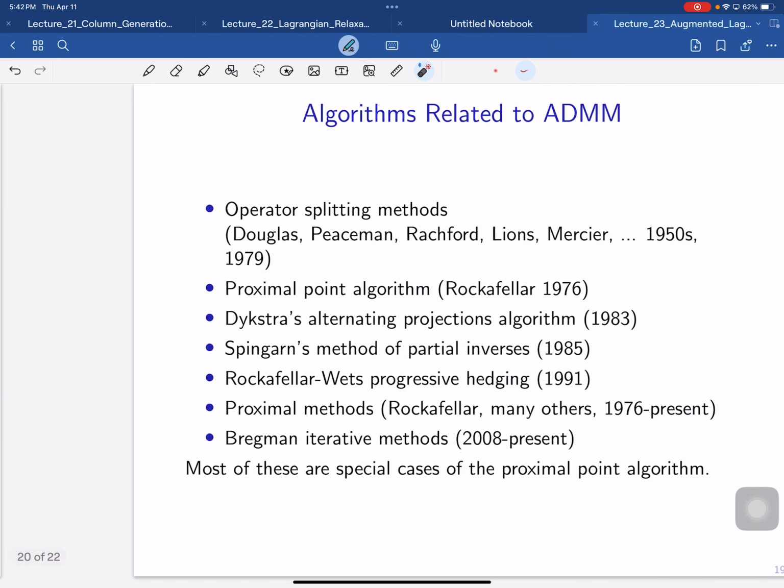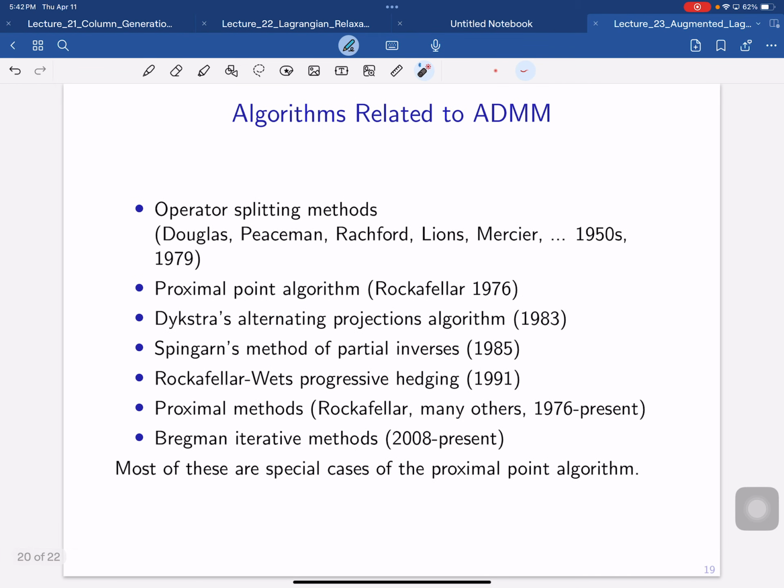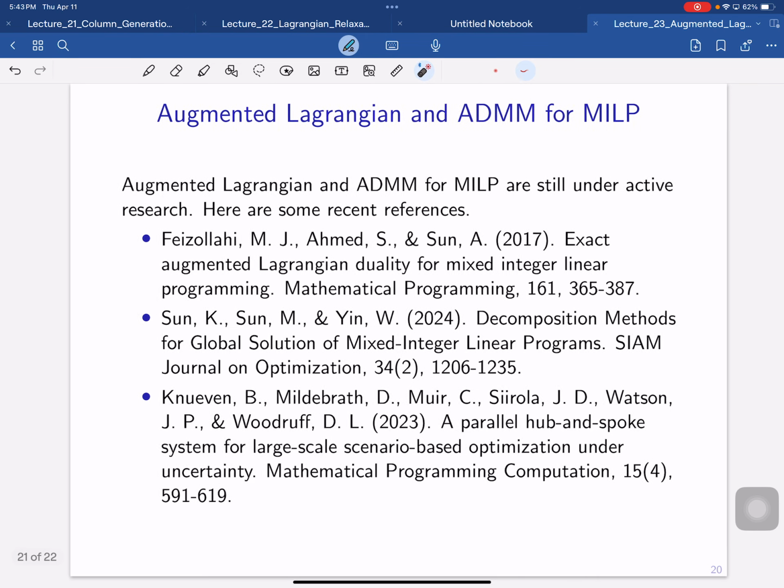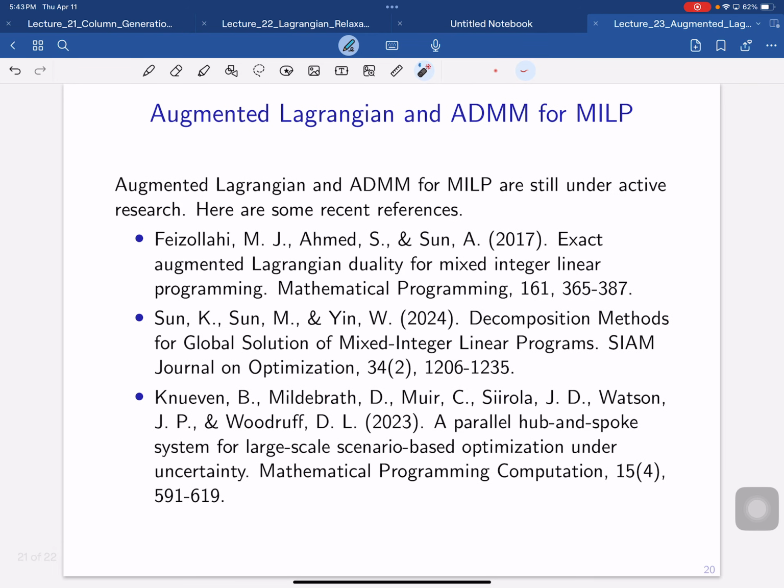Yeah, so there are a lot of algorithms similar to ADMM, and there is some rich literature on the history related to ADMM, which we will not go into in detail, but you can keep those references. So I want to leave a final comment on how to apply augmented Lagrangian and ADMM for MIP problems.